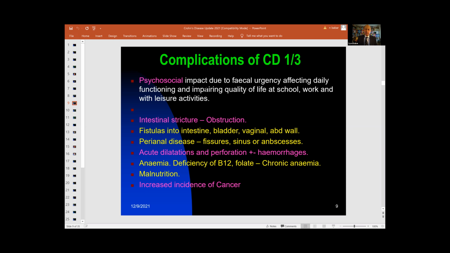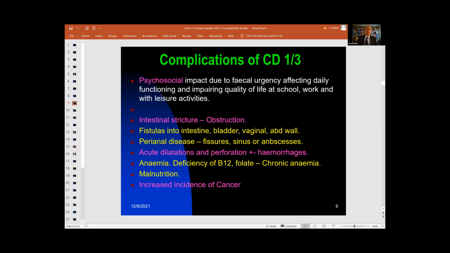The impact of colostomy or ileostomy, the impact of having to live with a changed diet, and also having to work in certain trades and not to work in certain trades will have a huge psychosocial impact, burdening income, quality of life, and so on. And this is why quality of life indicators are important to use as far as the effect of the complications of Crohn's disease on the human body are concerned.